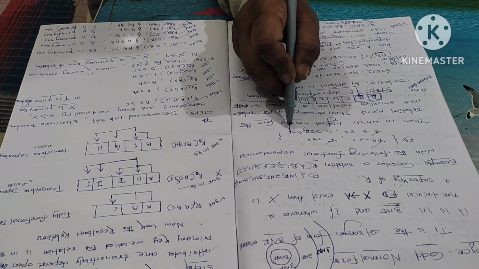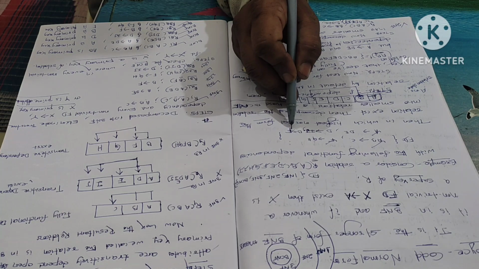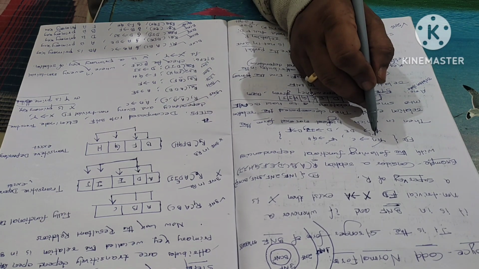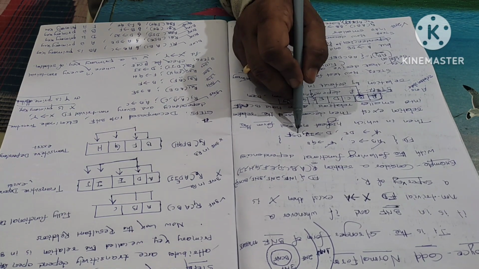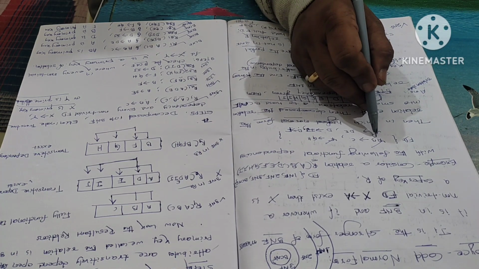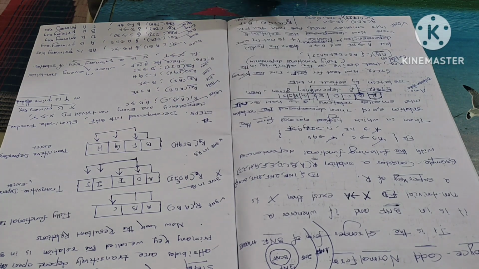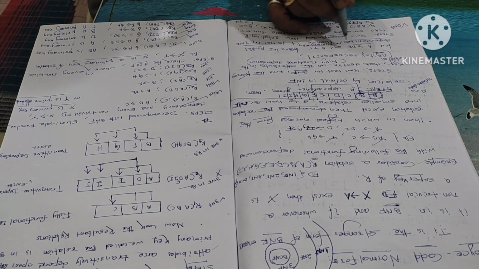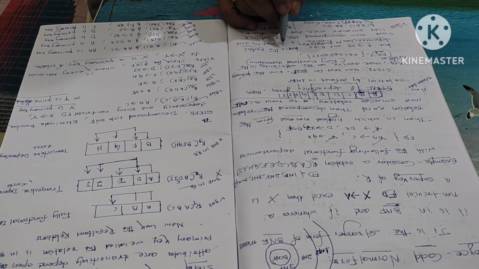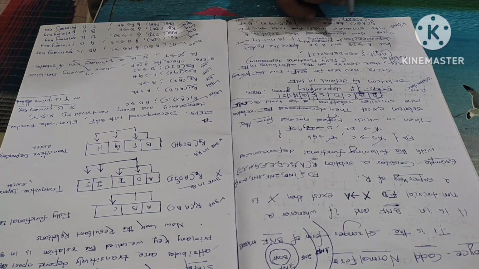Similarly, B determines F. B is a prime attribute, part of the key, and it is a partial dependency. So A determines D and B determines F have partial dependency on the primary key. Hence it is not in 2NF.